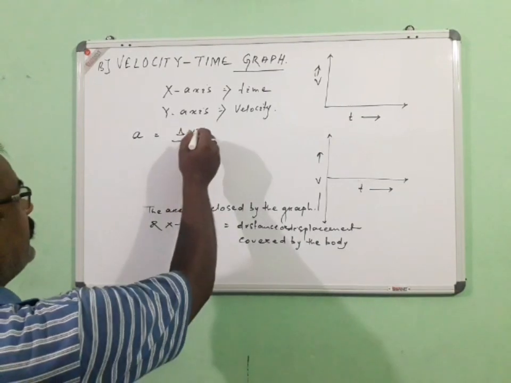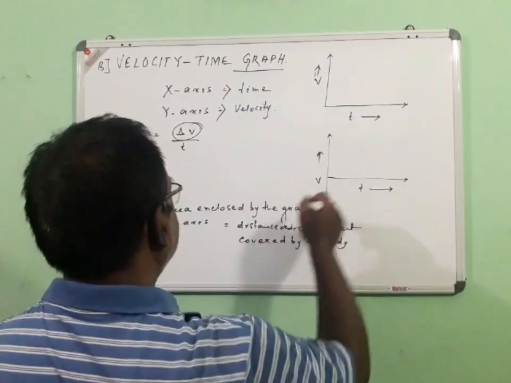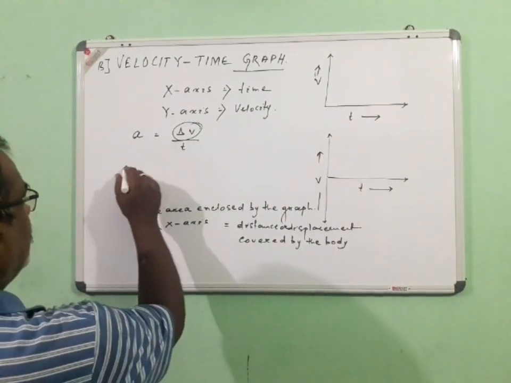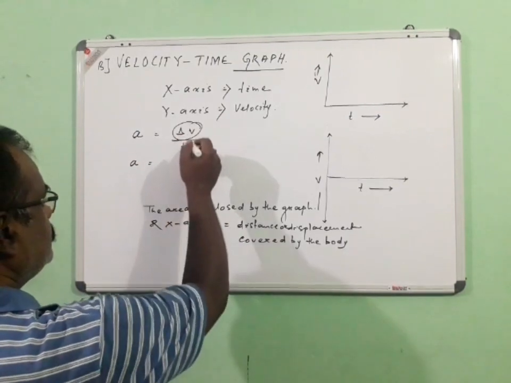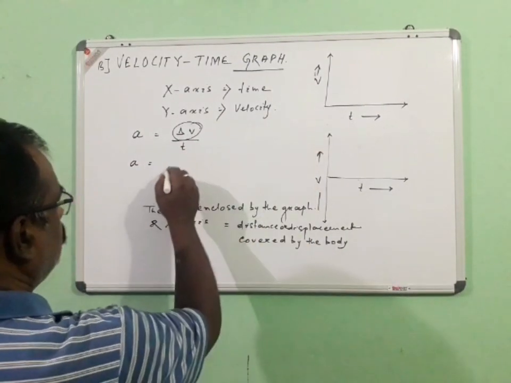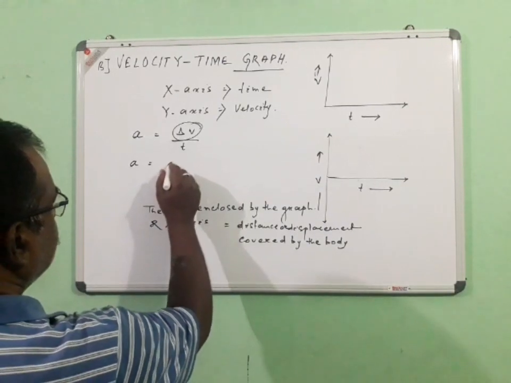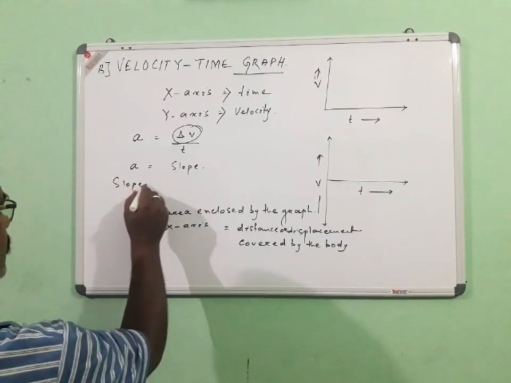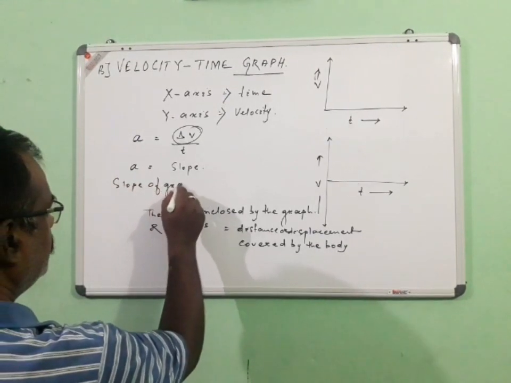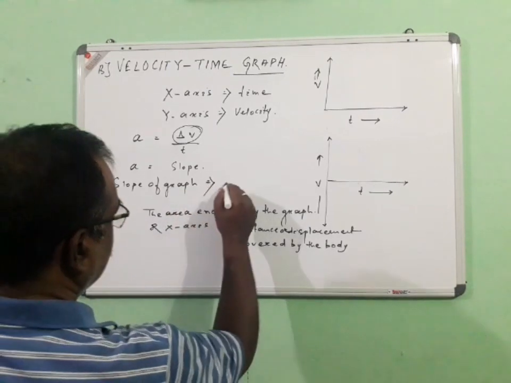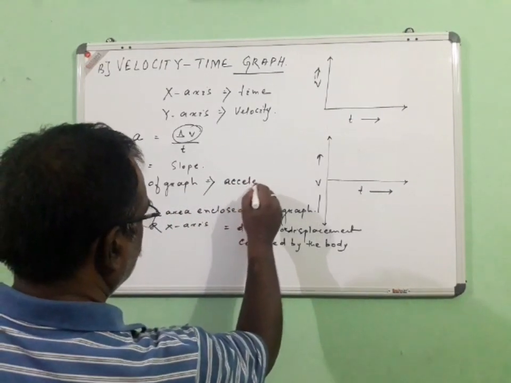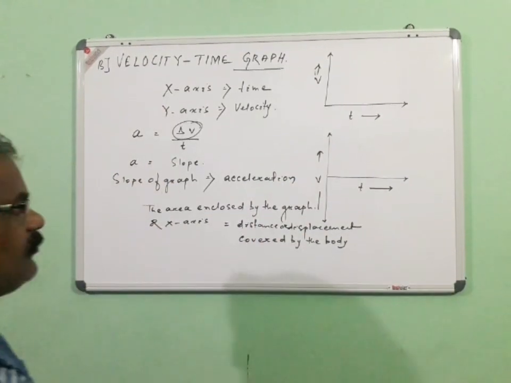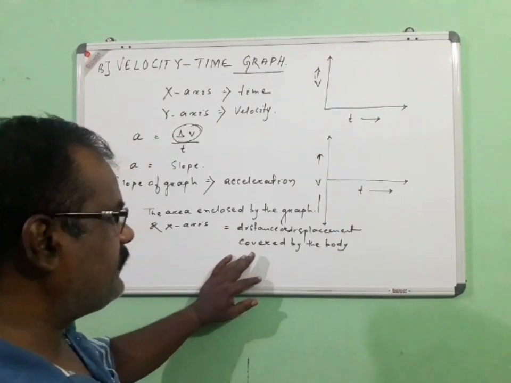As we have taken velocity on the y-axis and time on the x-axis, acceleration is equal to the y component with respect to the x component, that is your slope. So remember that the slope of a velocity time graph indicates the acceleration or the retardation, and the area enclosed by the graph will indicate the displacement covered by the body.